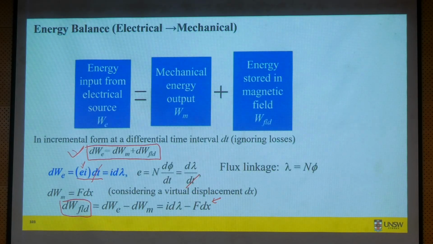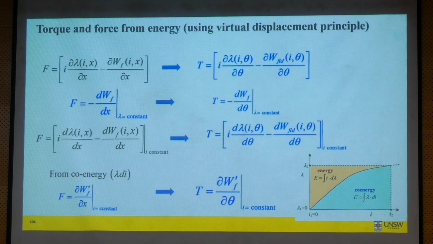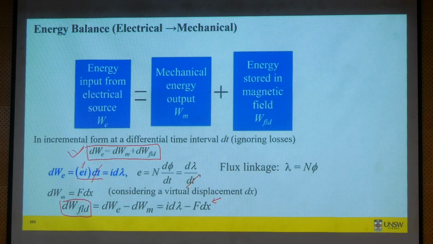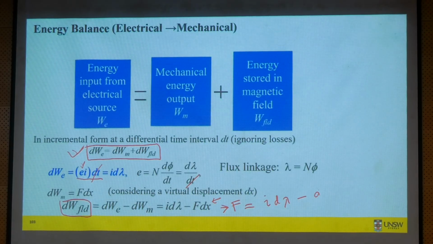That's why, when we use this equation to calculate force, we call it the virtual displacement method. So from here, we can see that force will be equal to I d lambda minus the stored energy in the magnetic field, over dx.